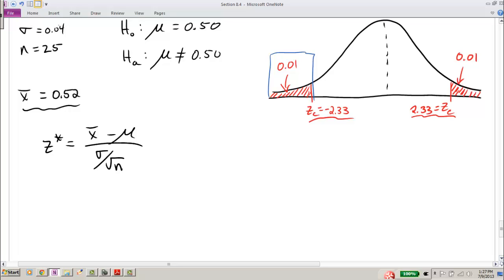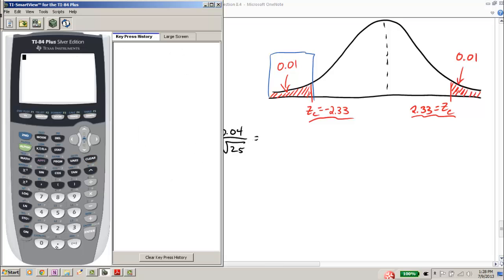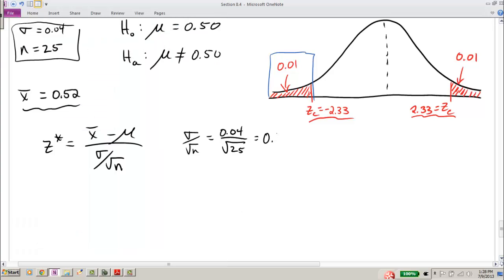Here are our values for sigma and root n up here. So 0.04 divided by square root of 25. Square root of 25 is 5, we get 0.008. So there's our sigma over root n. That's going to be our denominator.